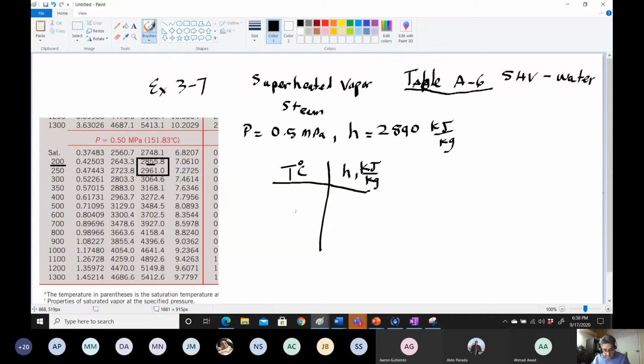You're given that 200 will give us 2855.8, and 250 will give us 2961.0. So basically we need to find this temperature in between, right? This is the temperature that we need to find, and this is H, which is equal to 2890.